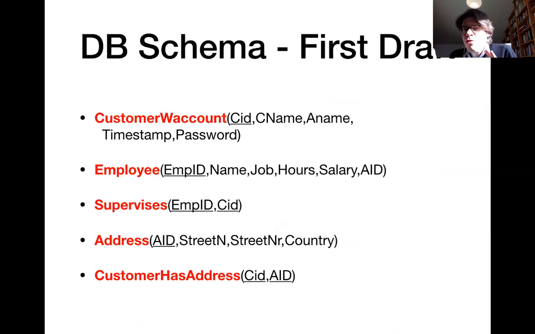So if accounts are always associated with a customer, then here we can simply merge the attributes from customers and accounts together. So we have the customer ID, the customer name, the account name, the timestamp, and the password. So if we merge them together, this is why we can refer directly to the customer ID in the supervisor's relationship.